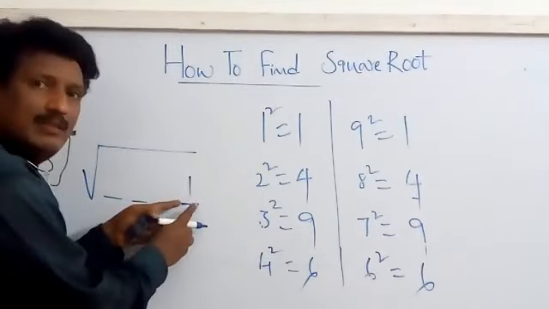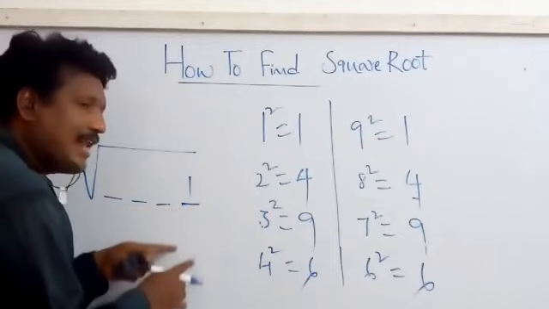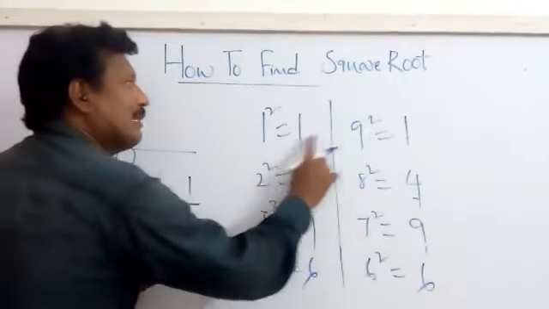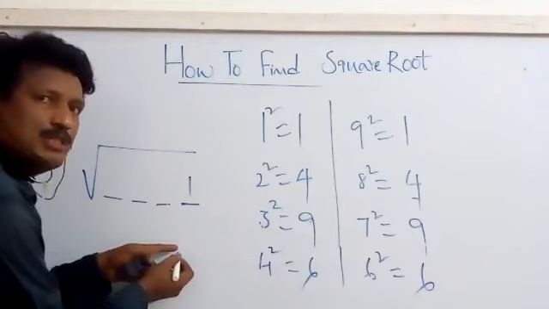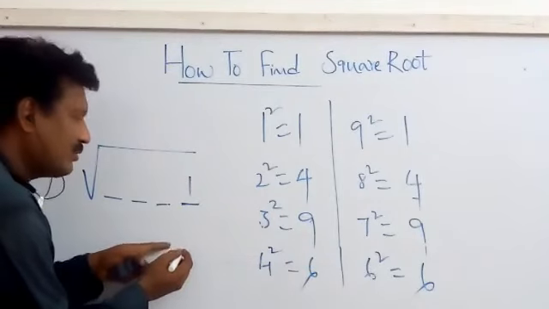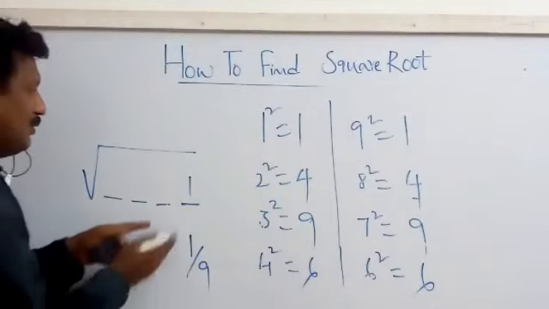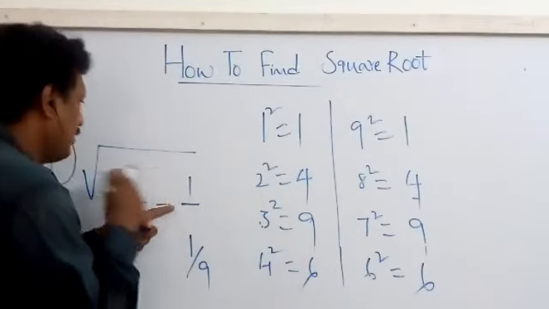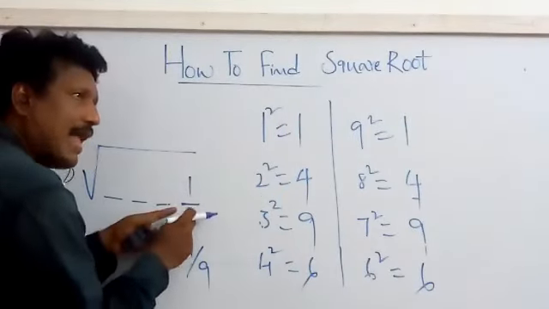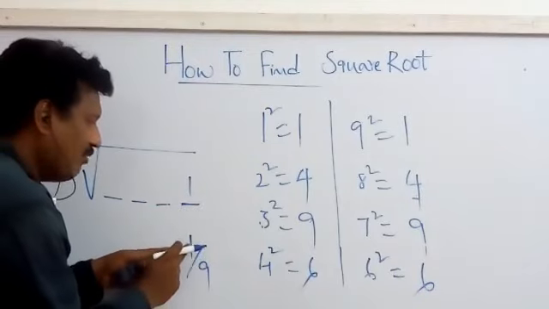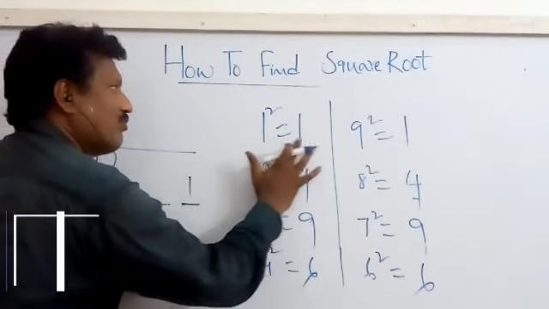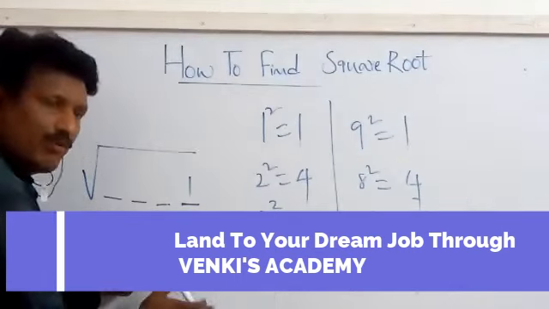If there is a 1 in the unit place, 1 square is 1 and 9 square is 1, so after finding the square root, the answer must be either 1 or 9.